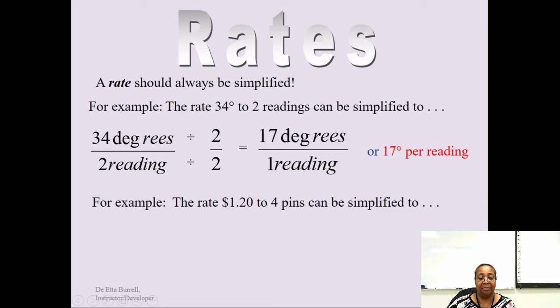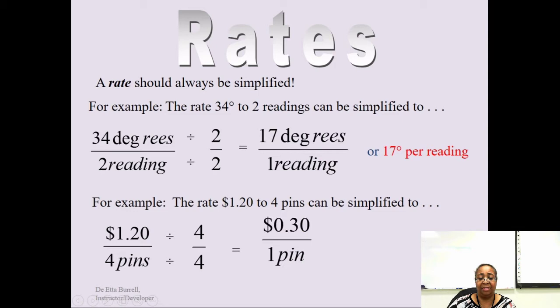Here's another example. The rate of $1.20 to 4 pens can be simplified. We want to know the unit rate, so we're just going to basically divide 4 into $1.20. If you want to reduce it, you can just divide it by 4, and that will give you 30 cents per pen.